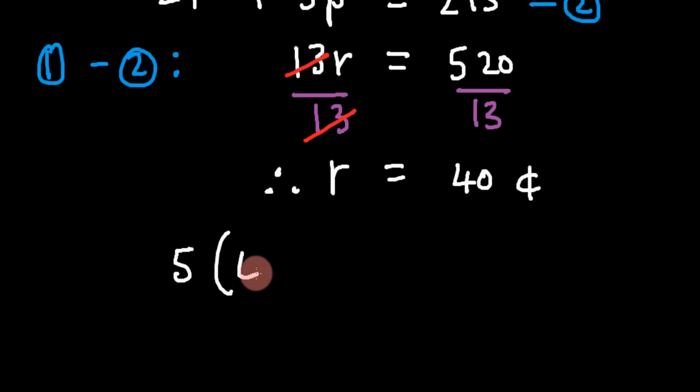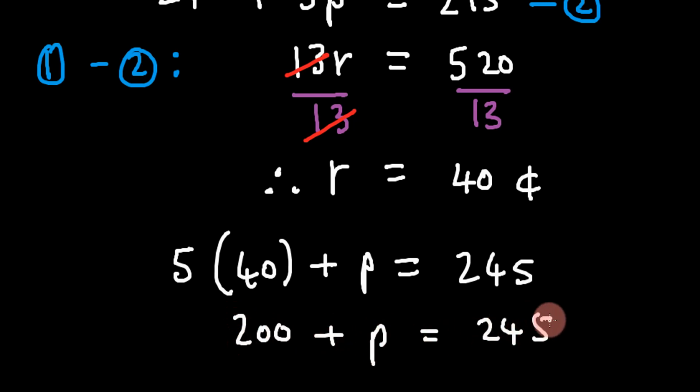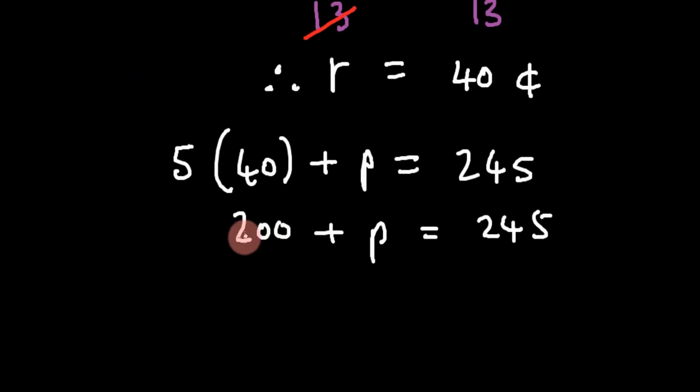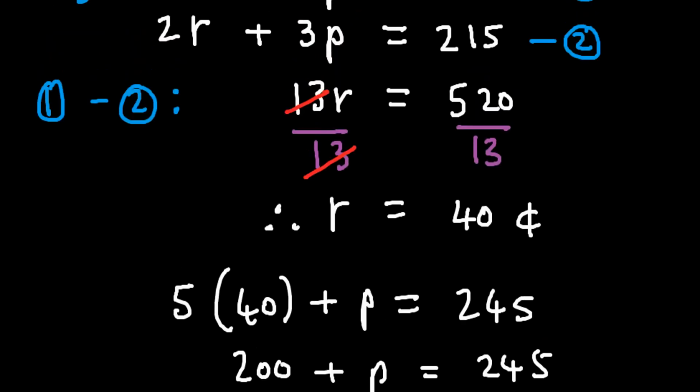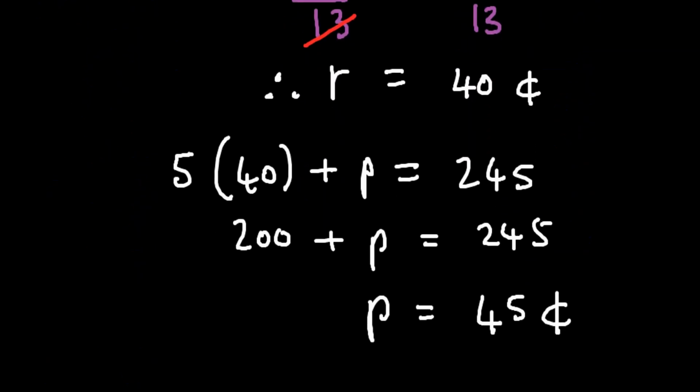So 5R plus P is 245. This, of course, is 200. And we can solve for P here by taking the 200 to the right-hand side. So it's going to be 245 minus 200, and this is 45 cents. So then we have worked out the cost of 1 protractor, and it comes to 45 cents.